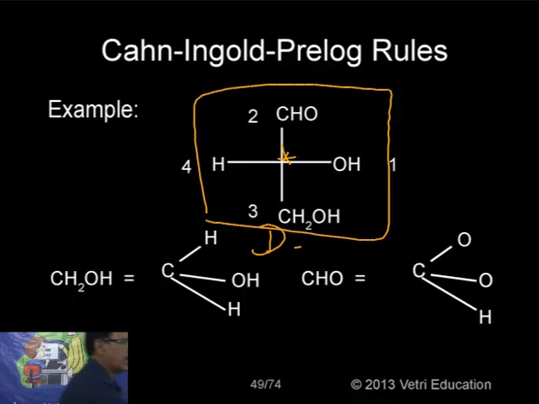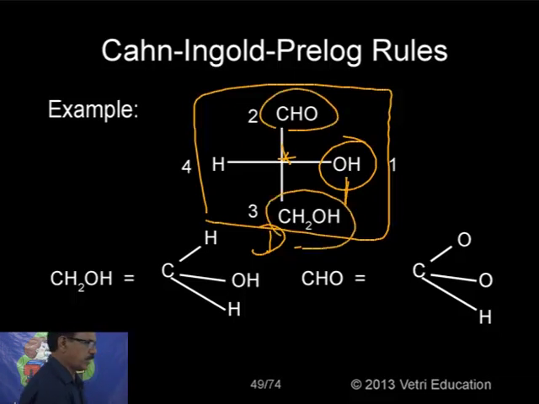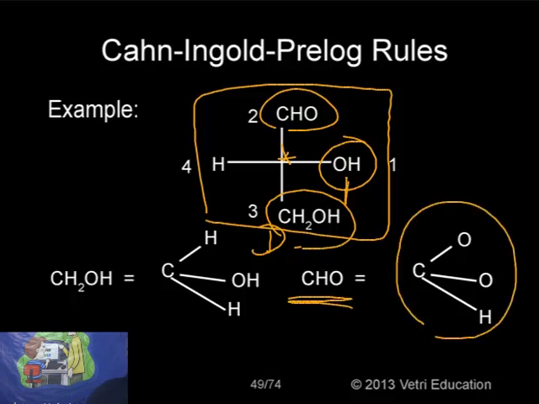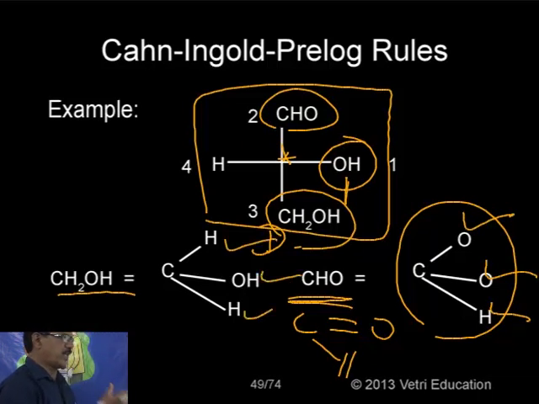Now, as usual, we must assign priority. CHO and CH2OH are both carbon, so how do we consider them? I am writing it now. CHO should be written with C connected to a double bond O and H, so C with O, O and H. Whereas CH2OH should be written as C with O, H and H. So which takes priority, CHO or CH2OH?